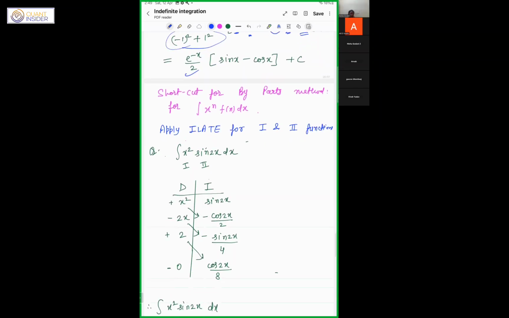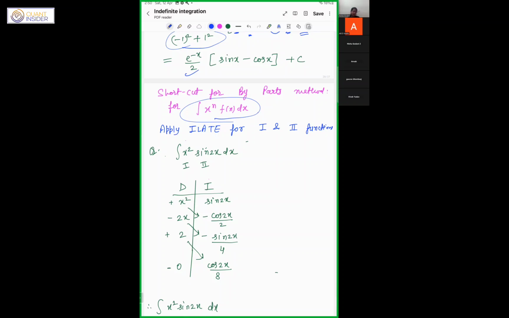Now I'm going to tell you the shortcut for by part method for functions of the type x to the power n f(x). When you learn this formula, you will never apply by parts for such functions, because I never apply that. I always use this shortcut, always.